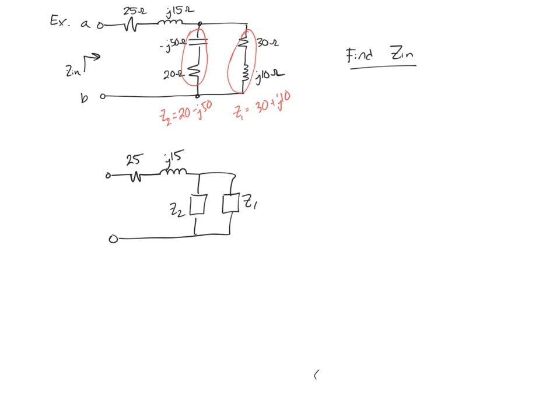From this point, we could simplify the circuit into the 25 ohm resistor, the j15 inductor, and Z1 and Z2. We note that Z1 and Z2 are in parallel with one another.